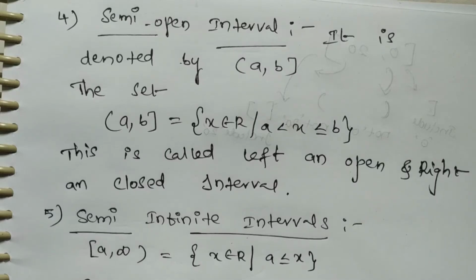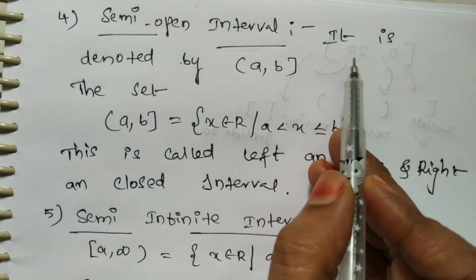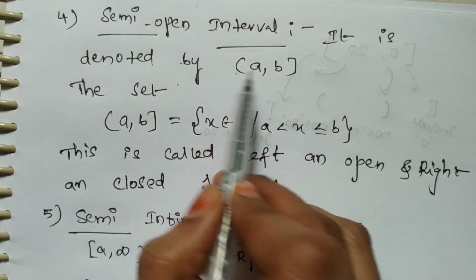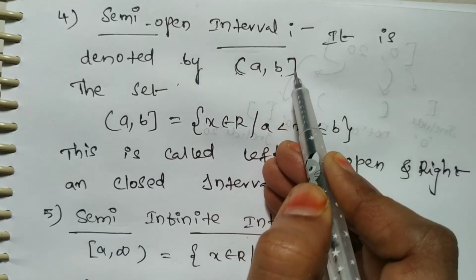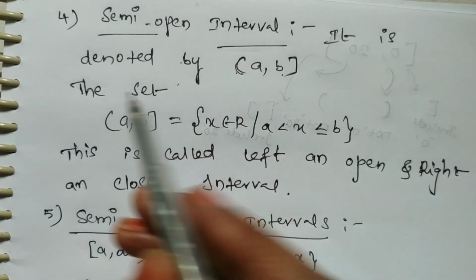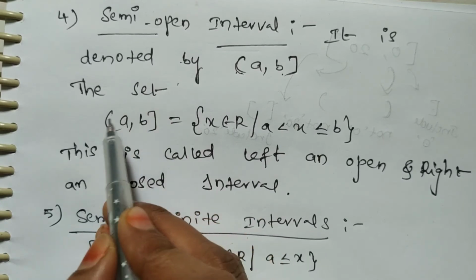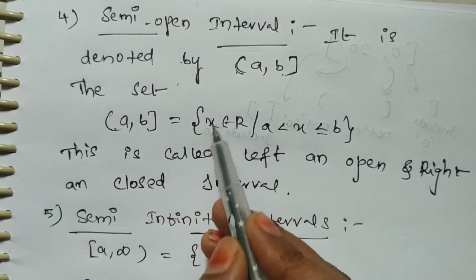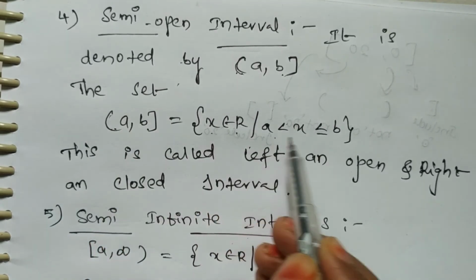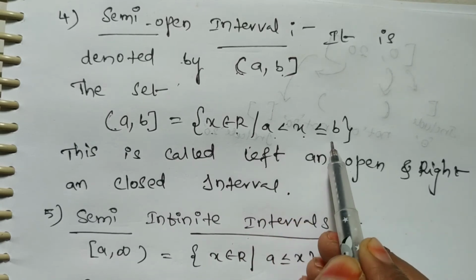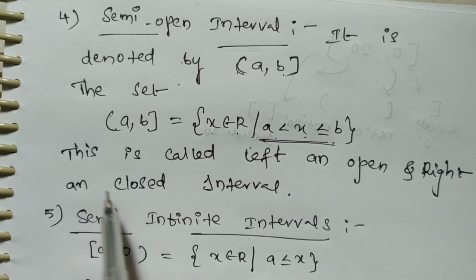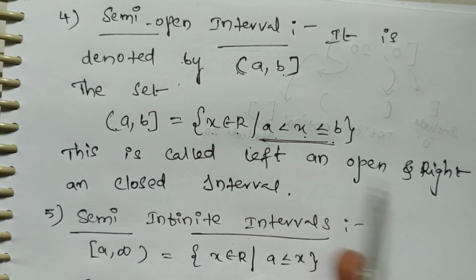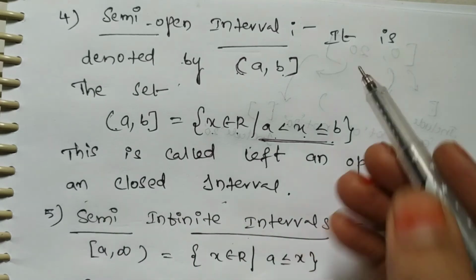The next one is the semi-open interval. It is denoted by (a, b]. So here open a, closed b. The set can be written as x belongs to R such that a less than x less than or equal to b. So this is called a left open and right closed interval.